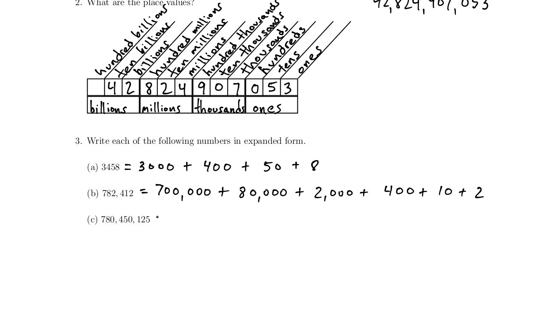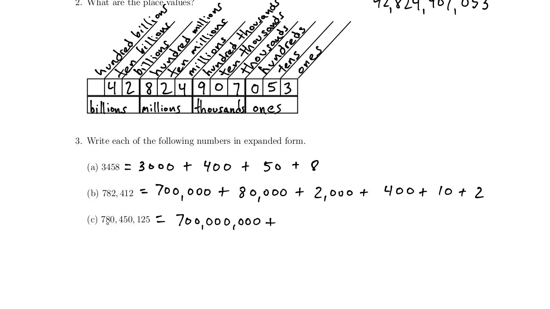Now the last one here. We have 780,450,125. So the 7 is in the hundred millions place, so the 7 represents 700 million.